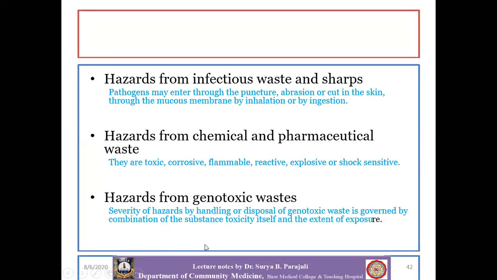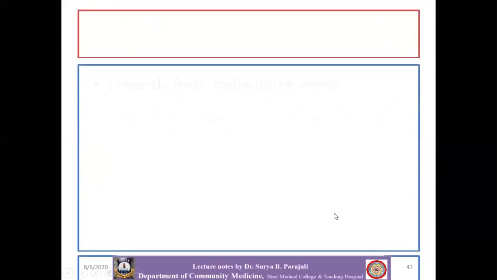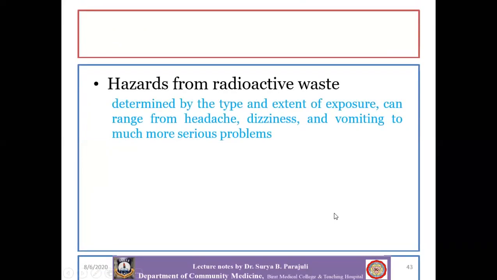Hazard from genotoxic waste, maybe it will increase cancer occurrence for those who handle genotoxic waste. From radioactive waste, maybe dizziness or headache, vomiting, and more serious problems.